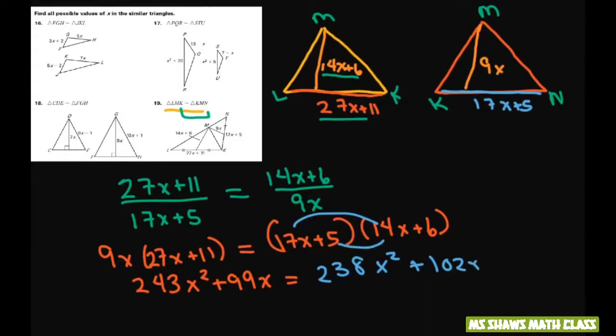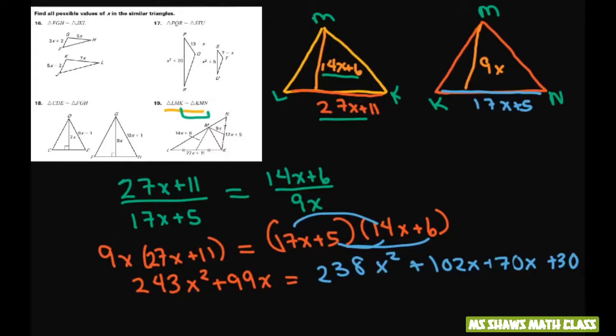And that's x, and 70x, and that's going to plus 30. Going to do the last one, plus 30. And this is not 90, this is 70. Sorry about that. So basically what we have is 243x squared plus 99x equals 238x squared plus 172x plus 30.